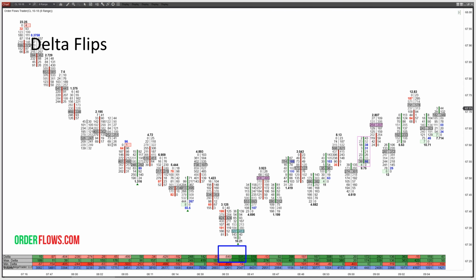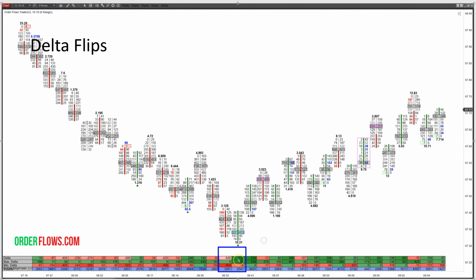So let's take a look here. This is how it will look. So this is a delta flip buy. You've got minus 649 as the final delta. You can see the max delta is 0. So at no point was the delta positive in the bar. The min delta is minus 654. Should make this a little bit bigger.